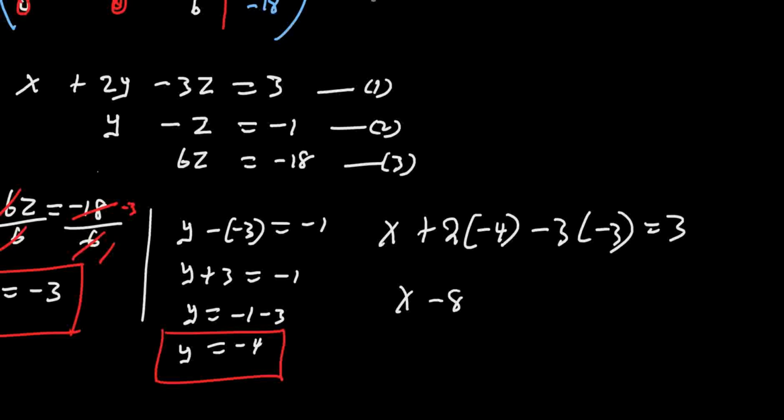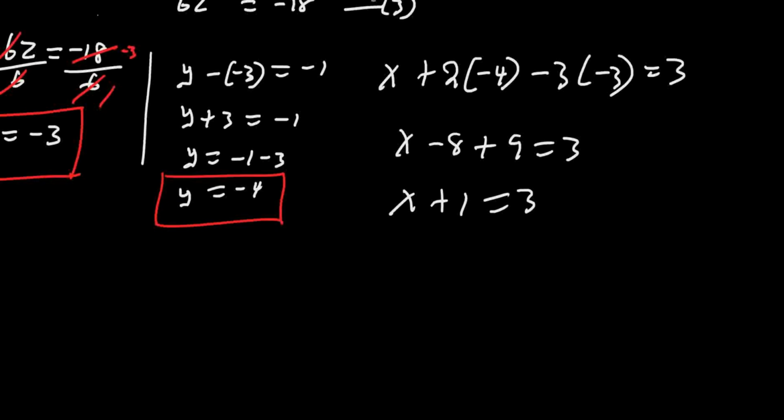And negative 3 times negative 3 will give us positive 9 equals to 3. So negative 8 plus 9 will give us positive 1. So this will become x plus 1 is equals to 3. So now you can subtract 1 from both sides. So x will be equals to 3 minus 1, and x will be equals to 2.